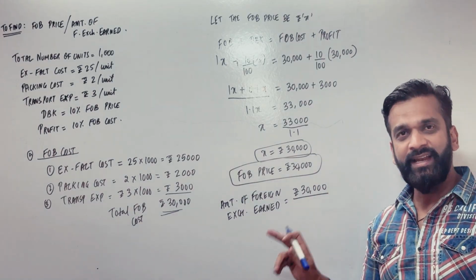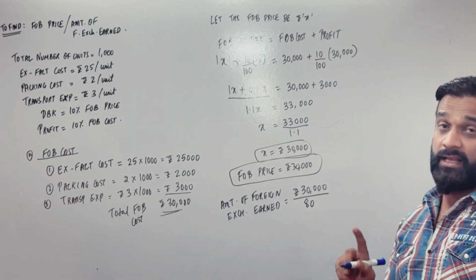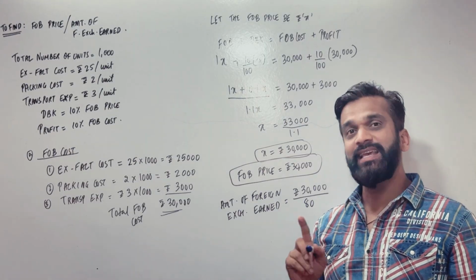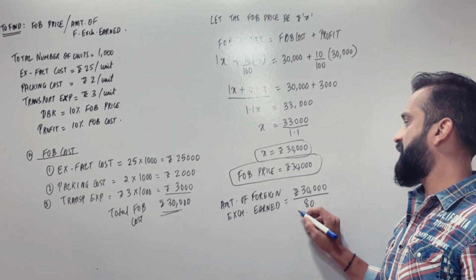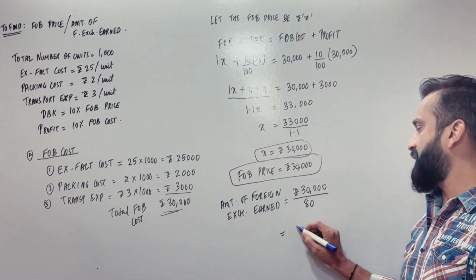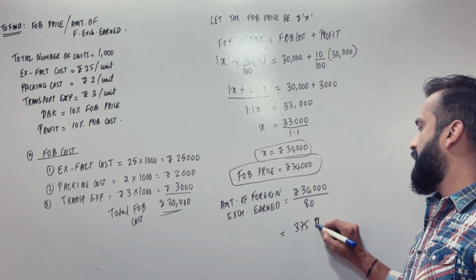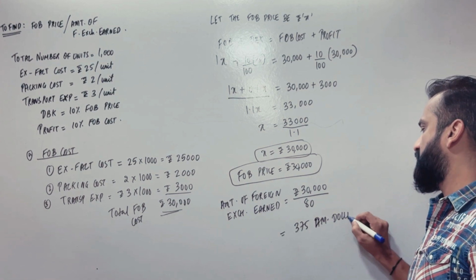The foreign exchange rate given in the question is rupees 80; 1 American dollar is rupees 80. So on 30,000 rupees, how many dollars can I earn? Divide, and I can earn 375 American dollars.